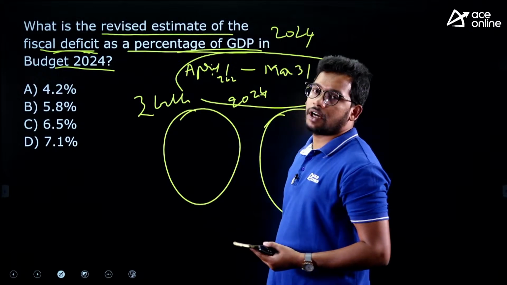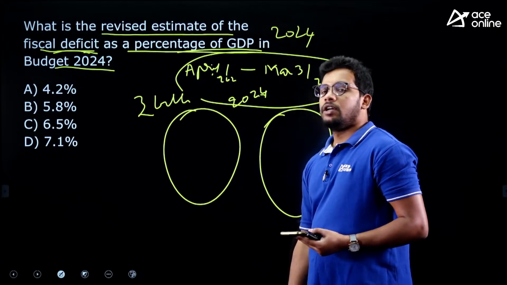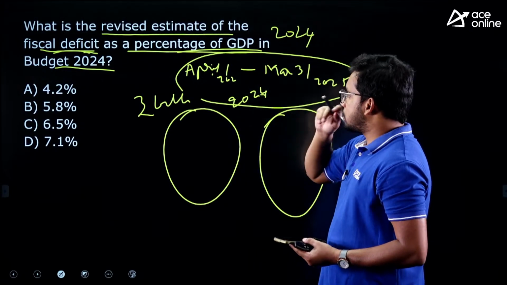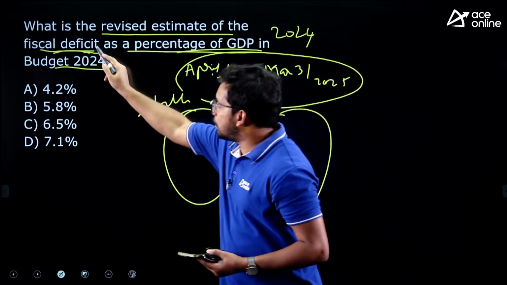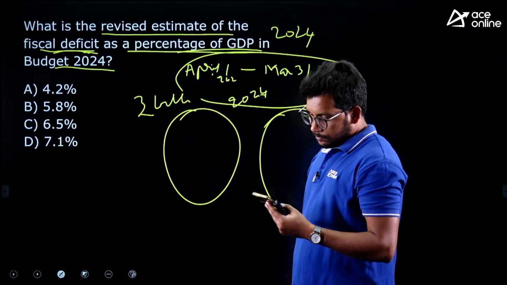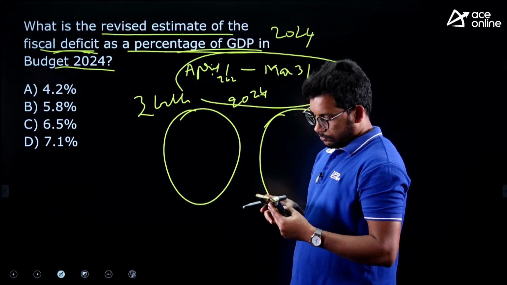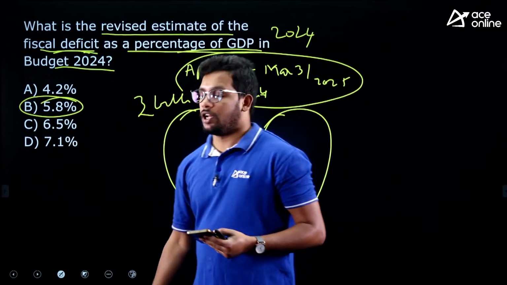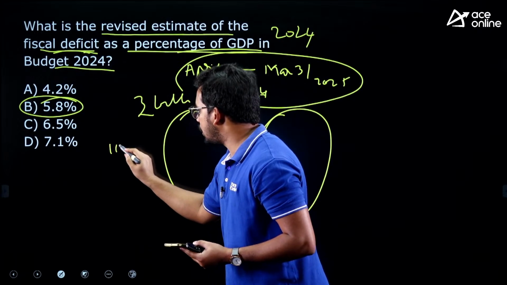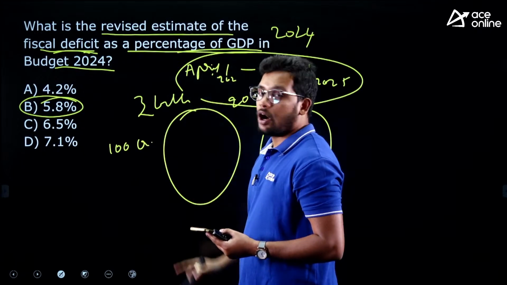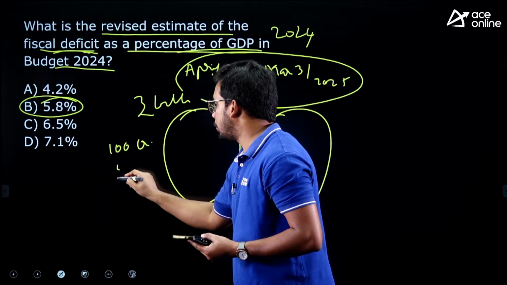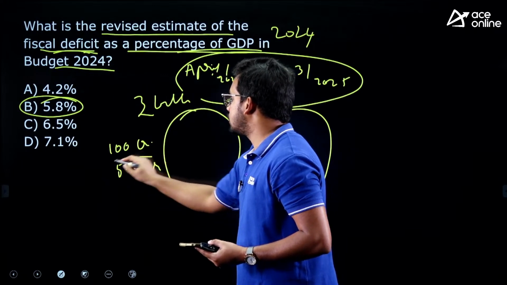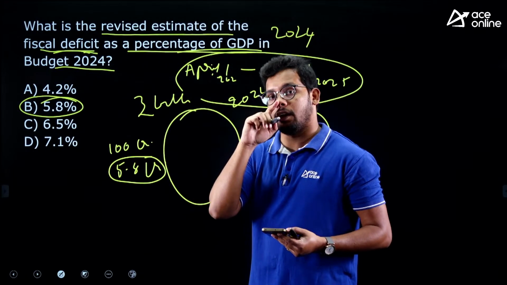So they are saying how much fiscal deficit? Anyone? It is around 5.8%. So if you are producing 100 crores of GDP, out of that approximately 5.8 crore is the debt that we are creating in our country.